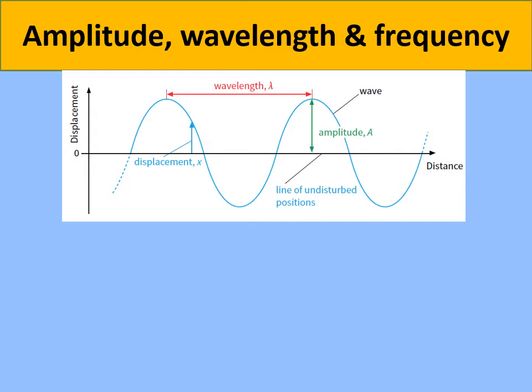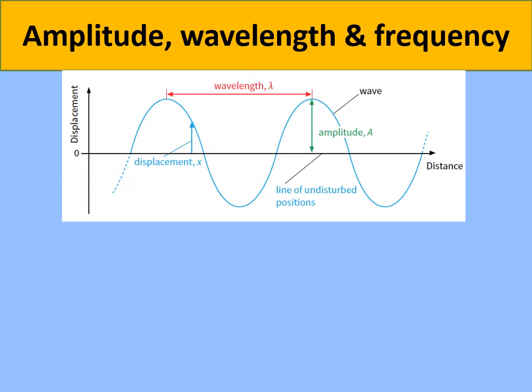Now crests and troughs are just points of maximum positive and maximum negative displacement from the particle's rest position. So the crest will be the maximum positive displacement, and the trough of the wave will be the maximum negative displacement on that y-axis.